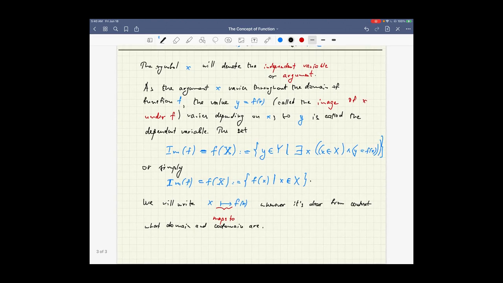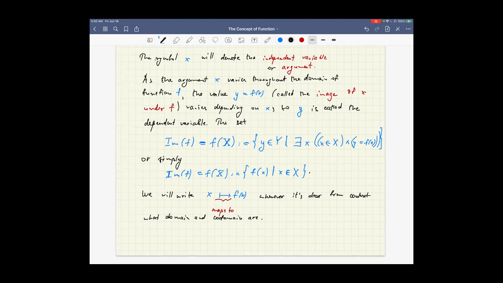Finally, we will introduce the idea of equality of functions.